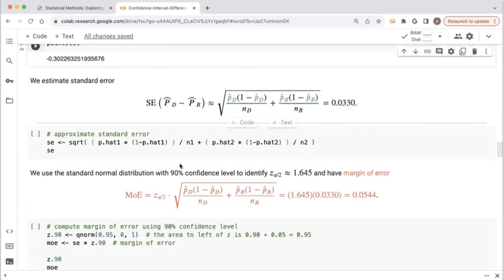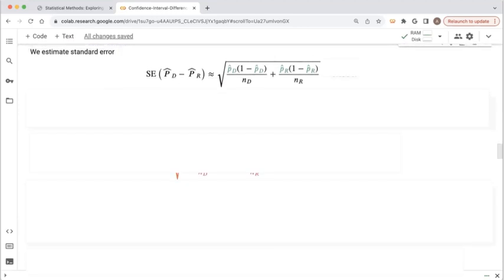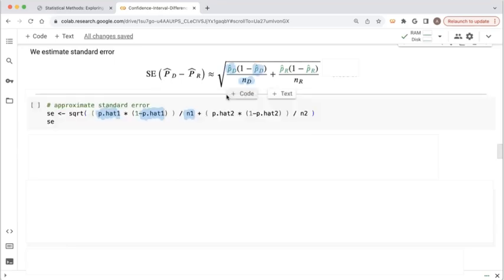Next, we go ahead and estimate the standard error, and then we use the standard error to calculate the margin of error. The formula for the standard error that we're going to use, we derived earlier in this video. So we just plug in the sample proportions that we've already calculated for Democrats and Republicans, and we plug in the corresponding sample sizes for each of these samples.